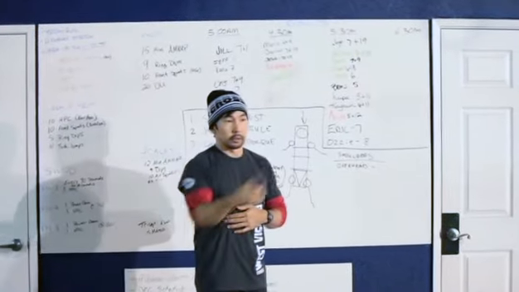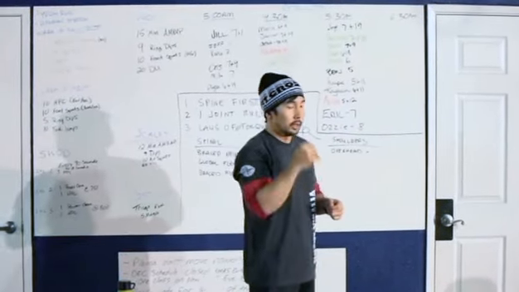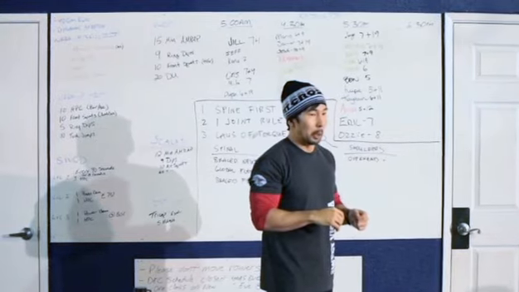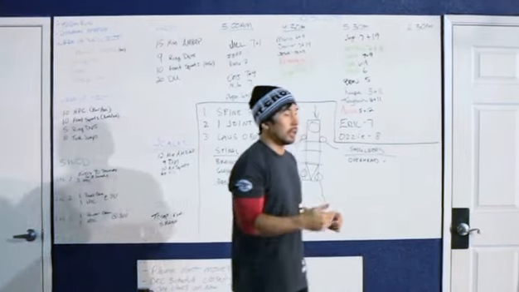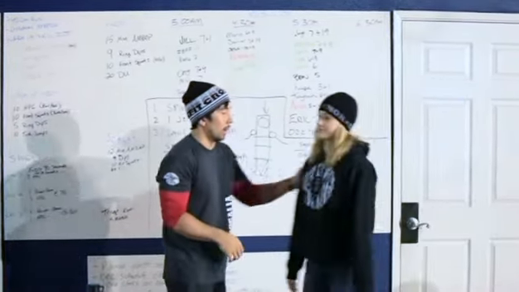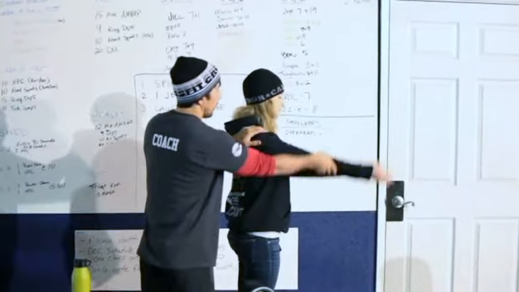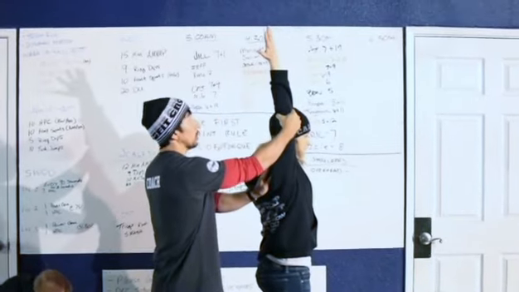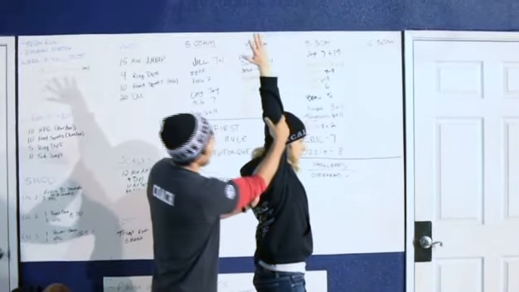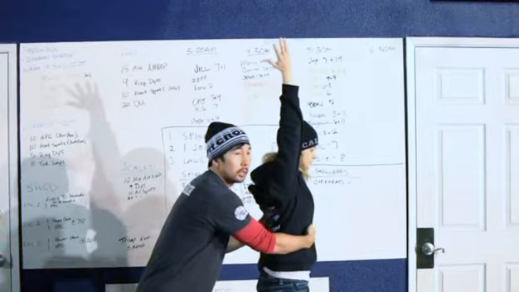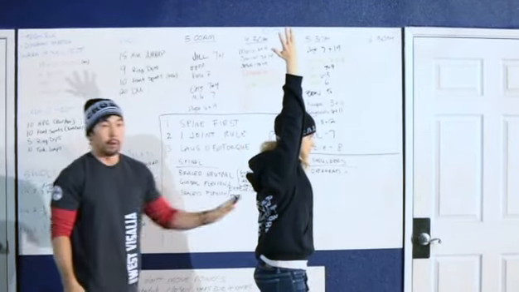So let's see here. Let's go ahead and get Vanessa up here. She's actually got full capability in this realm. So what this means is that with her rib cage down, she's able to raise her arm overhead in full external rotation and have it completely vertical without losing her thoracic spine.